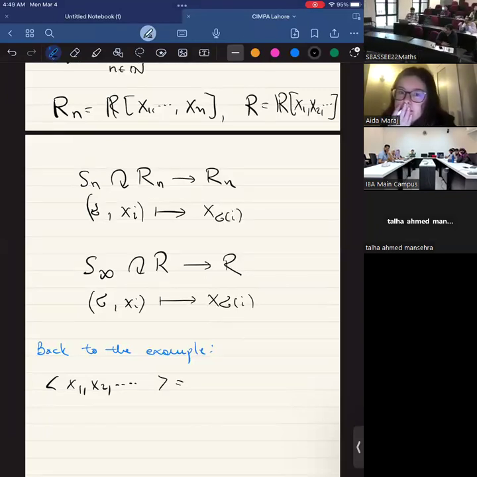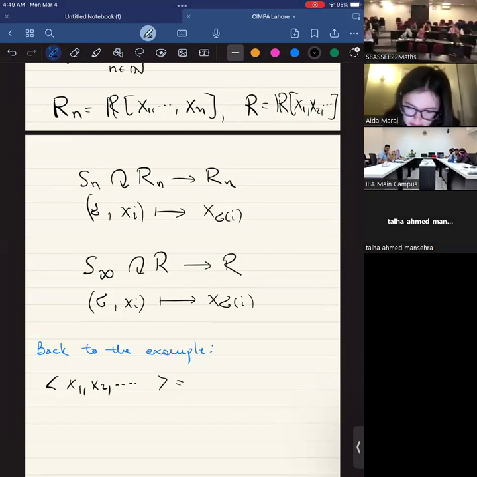Is this action well defined? Yes, that's a good question, and the answer is yes. So it is well defined. We are defining it on the indices, and then we extend to all the polynomials by applying the same thing. The permutation always acts on the indices of the polynomial.